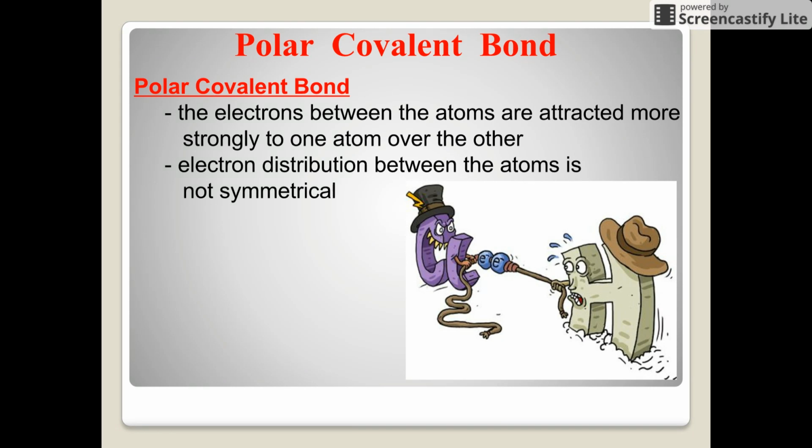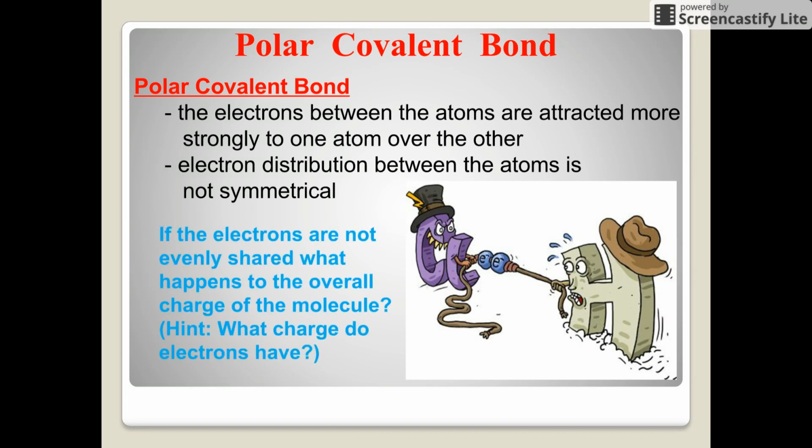It says the electrons between the atoms are attracted more strongly to one atom over the other. And since it's not balanced, that means that the charge of the overall molecule is not balanced. So this says if the electrons are not evenly shared, what happens to the overall charge of the molecule? What charge do electrons have? You should be answering negative.